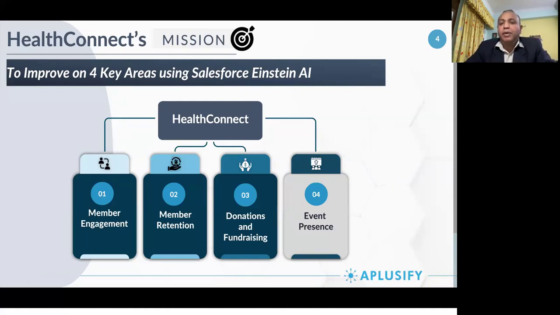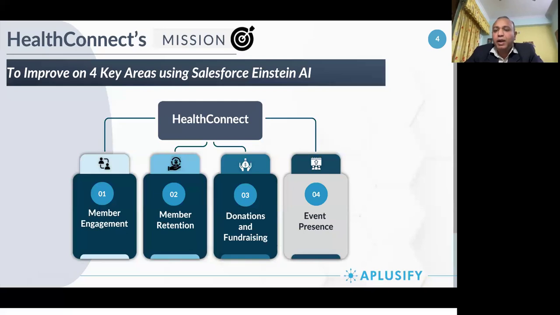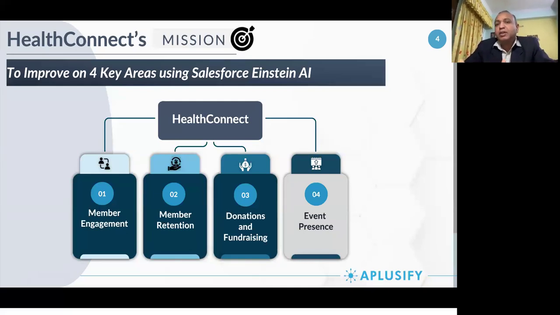We talk about member engagement, member retention, donations and fundraising, and event presence. So what Health Connect wants to do is improve their ROI in these 4 areas so that they can increase their member base, increase their donations and fundraising, and that can only be done through member engagement and member retention.